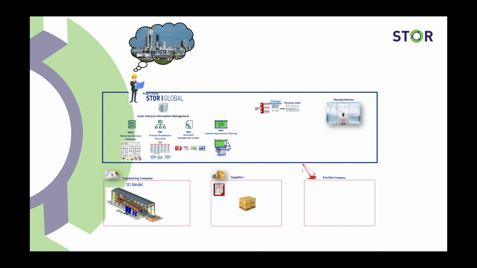So, we can rely on what's being received, complying with the project scope. With the packing list in hand, the warehouse management team comes to the scene, and using the STOR Warehouse Management System, or WMS, they will prepare to receive this material in the warehouse.